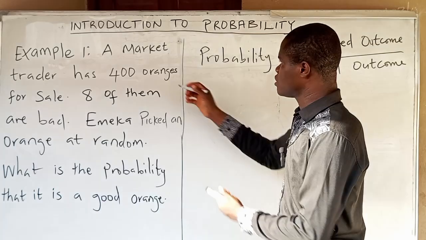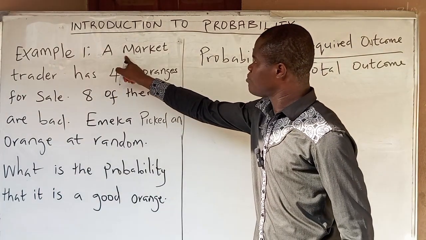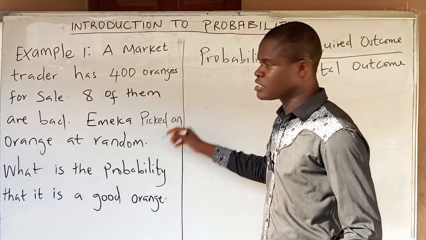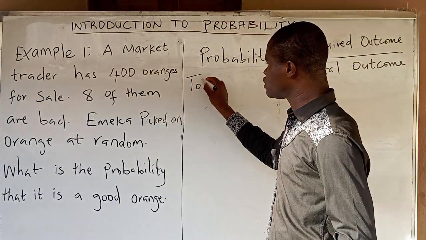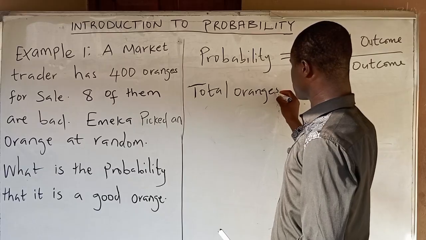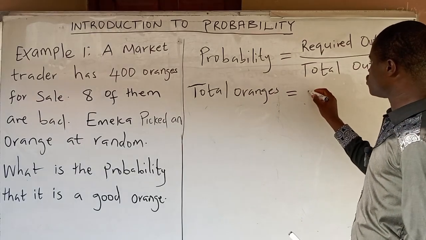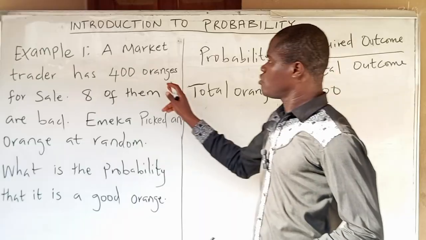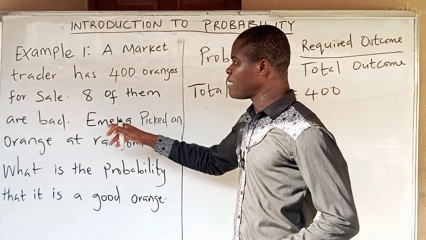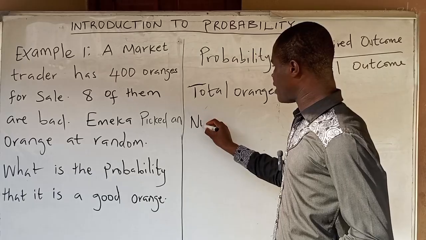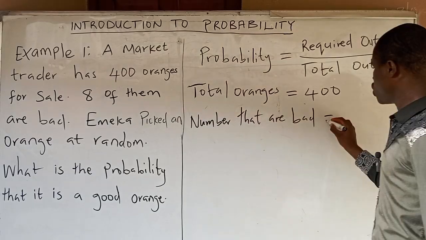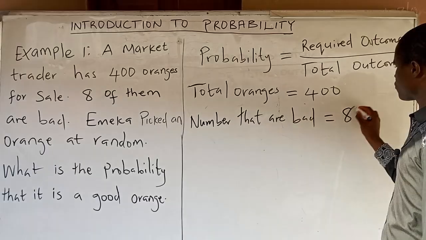Number 1, it talked about a market trader has 400 oranges. It means total oranges is 400 for sale. He said 8 of them are bad. Number that are bad is 8.